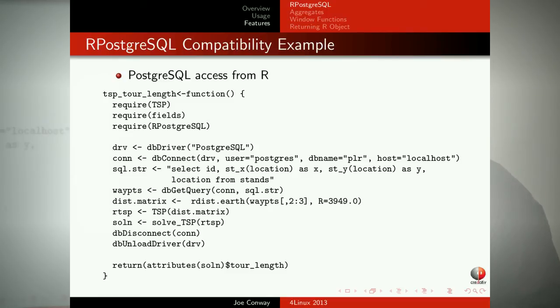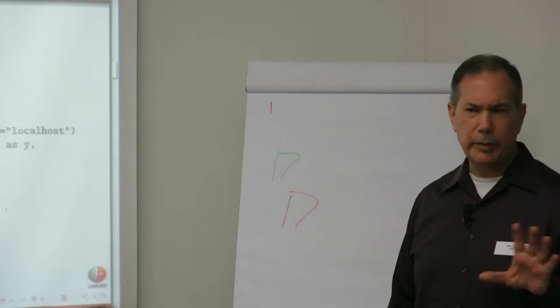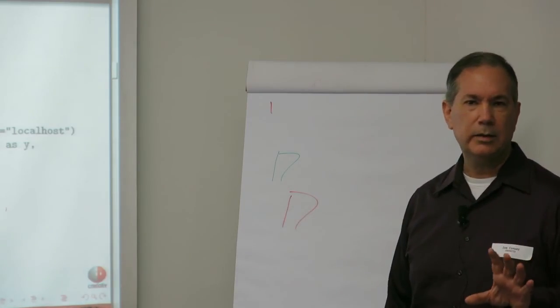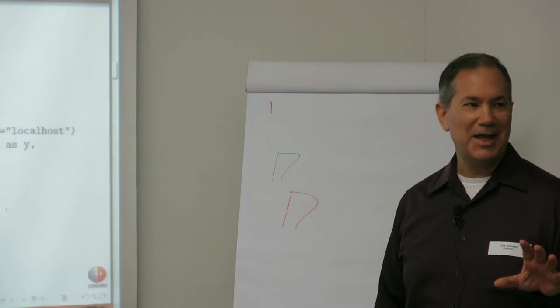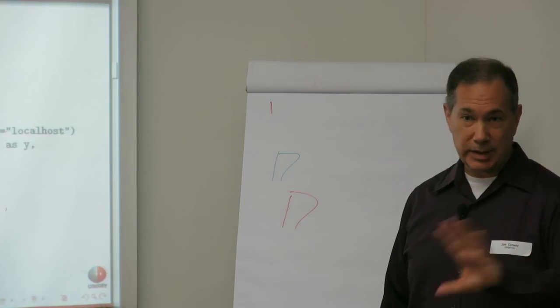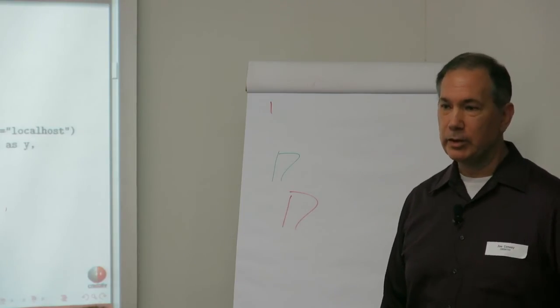So in this case, I'm using the Traveling Salesman library, and I'm using the R PostgreSQL library. I use the driver Postgres, and I connect to my database. This is my SQL string. I'm selecting locations in this case. Is anyone here familiar with PostGIS? PostGIS is another extension for Postgres that allows you to do spatial geometric queries.